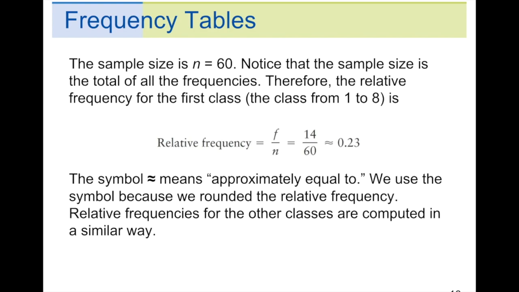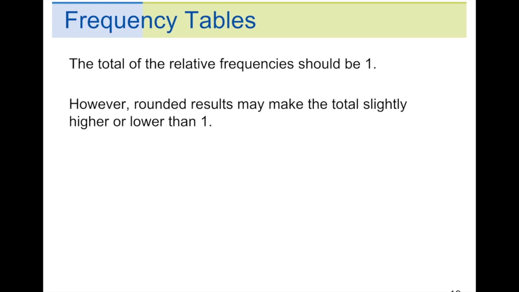Therefore, the relative frequency for the first class from 1 to 8 is about 0.23, as I mentioned. That symbol means approximately equal to. The total of the relative frequencies should be 1, but if you round at all, it'll end up being slightly higher or lower than 1.